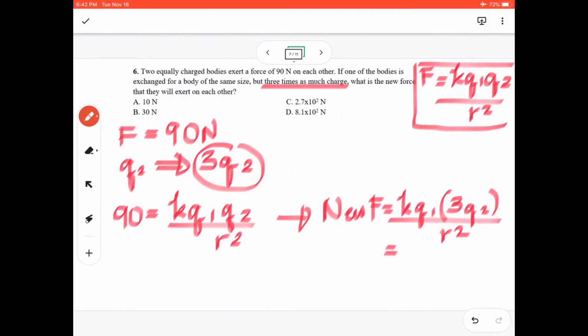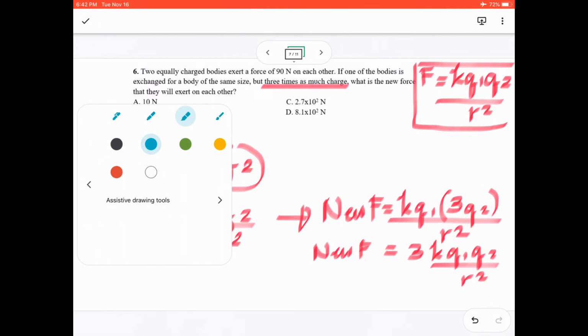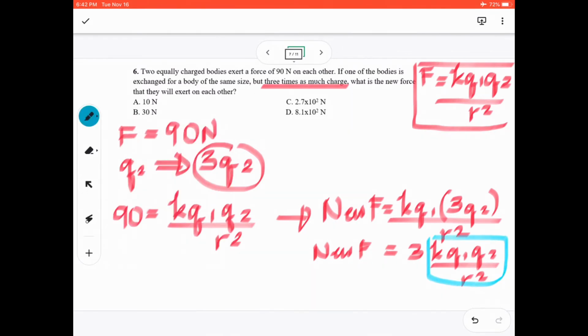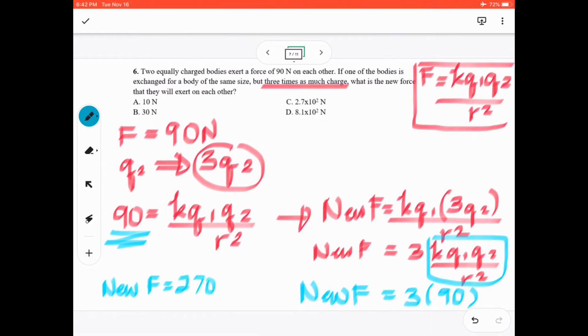Just put the number before the variable, so it'll become 3 KQ1Q2 over R squared, which is the new F. But we already know that this KQ1Q2 over R squared is equal to 90. So just multiply that 3 to the number 90. So our new force will be 3 times 90, which is equal to 270 newtons. So the new F is equal to 270 newtons.